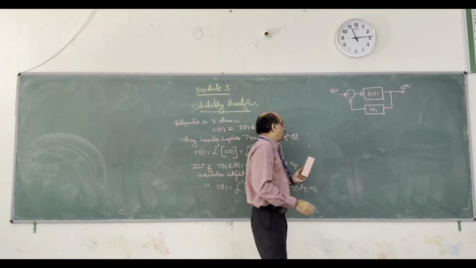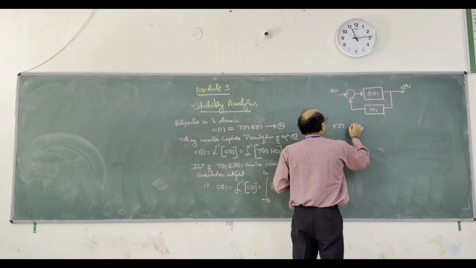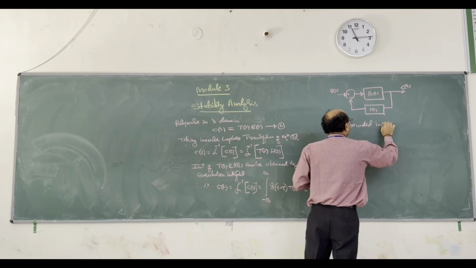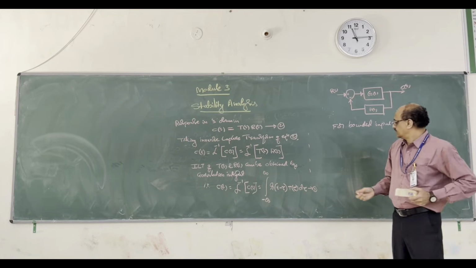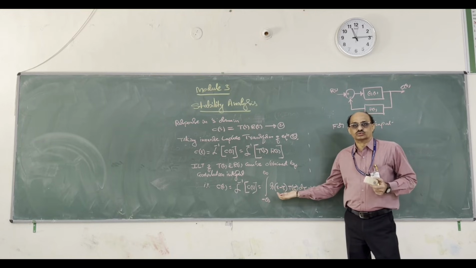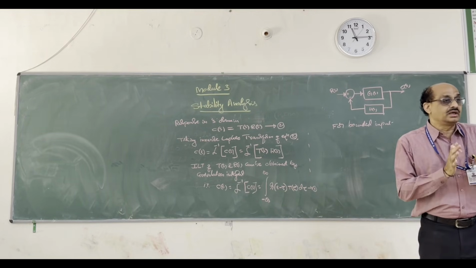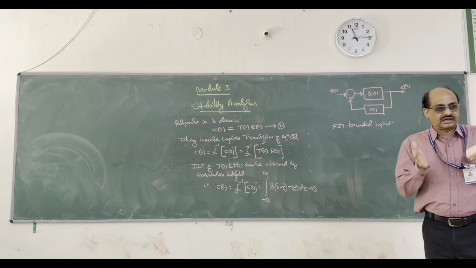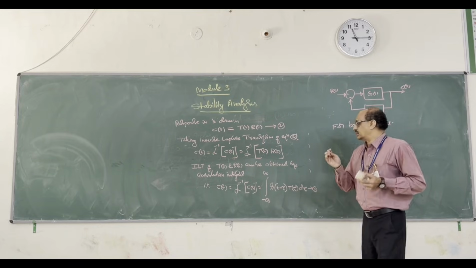So for the bounded input, bounded input means to say that the absolute value of R of t minus tau must be finite. It should be within 0 to infinity, so the magnitude is always within that value.